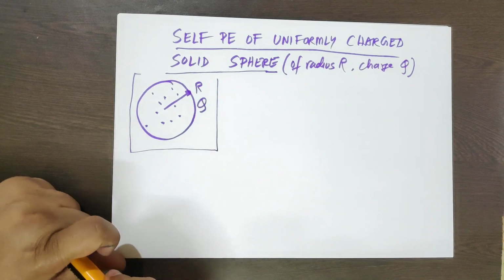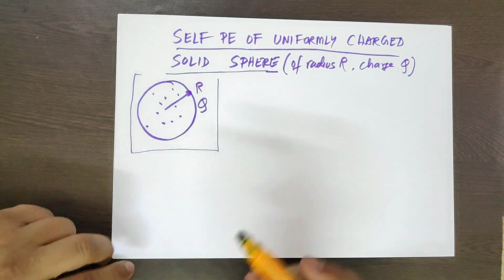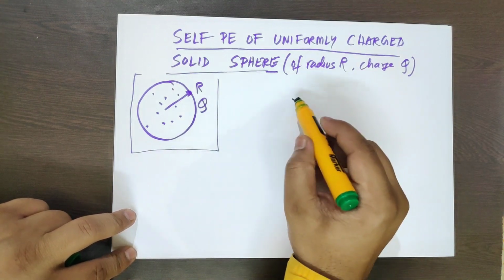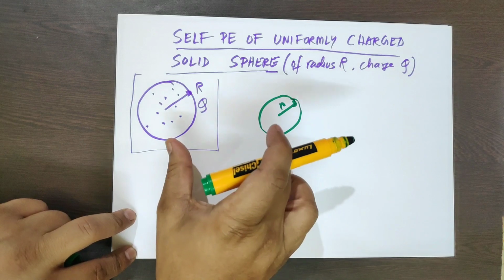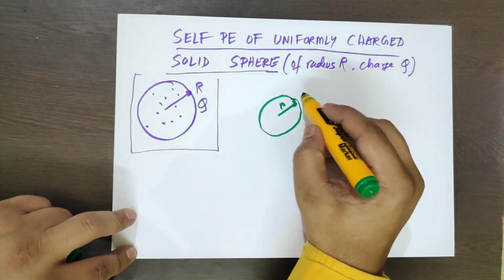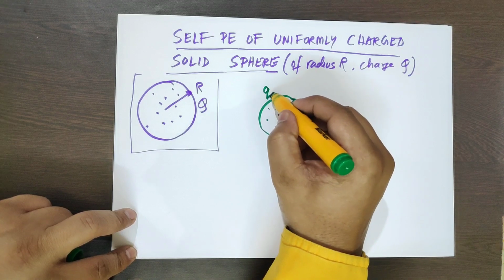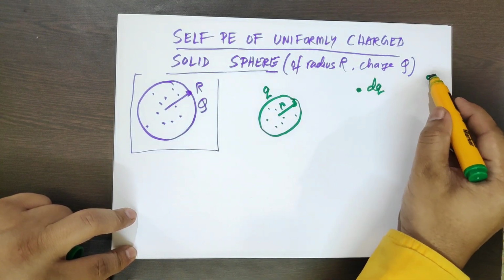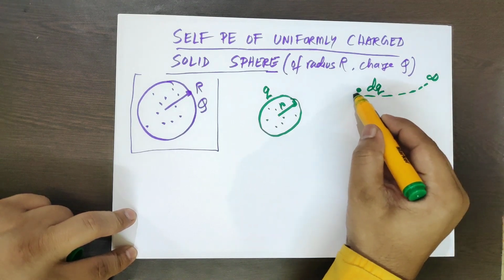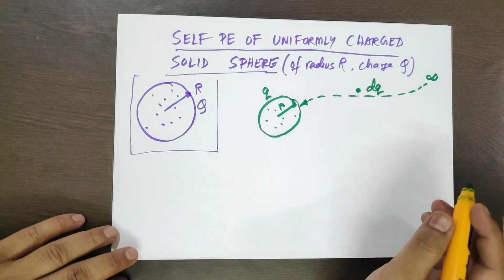Now from infinity you have to bring in the charges, but at a certain time it's a smaller sphere. See, a smaller sphere, it's having charge throughout its volume. Presently it has charge q and you bring in dq from infinity to its surface, right?